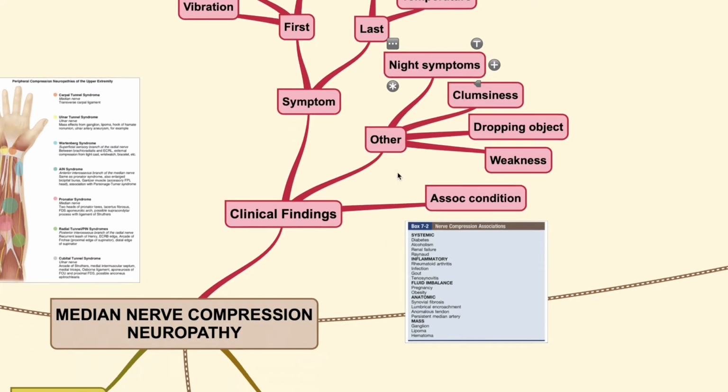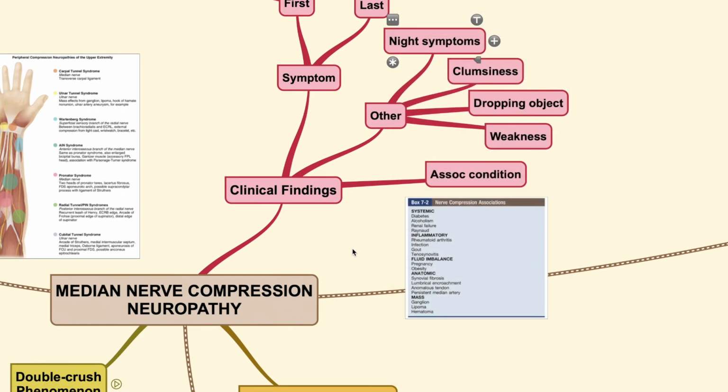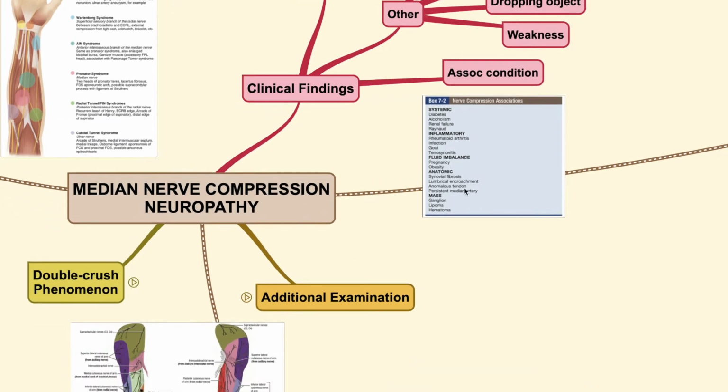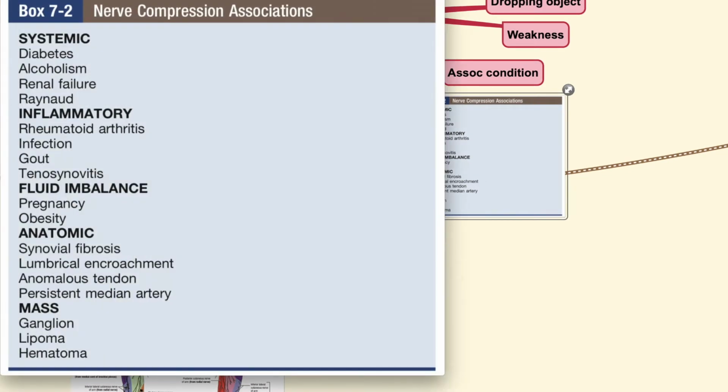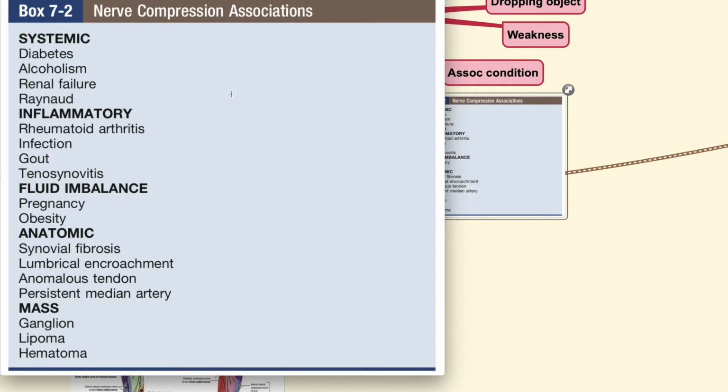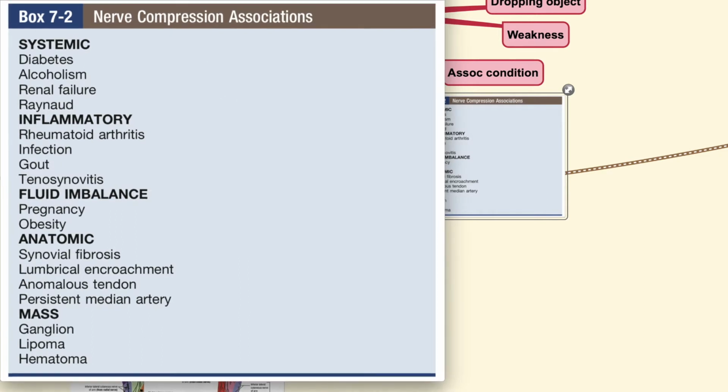and therefore some of these compression neuropathies might have night symptoms. And besides that, you need to know that there are basic associated conditions with nerve compression, and that is well put inside this table here. You could see here that compression neuropathy is frequently associated with these various conditions such as systemic, inflammatory, fluid, anatomic, and also mass.